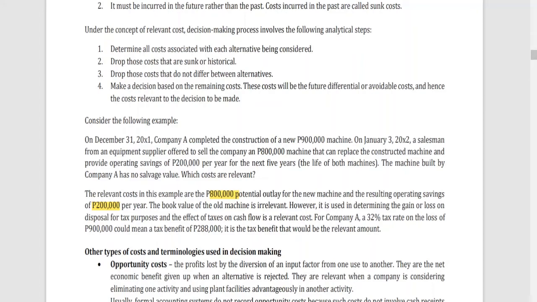Diba? So, therefore, the 288,000 differs between the alternatives. If you replace the machine, you get the tax benefit of 288,000. But if you do not replace the machine, you don't have a tax benefit of 288,000. So, nag-differ siya sa duha ka alternative. So, therefore, it is relevant.